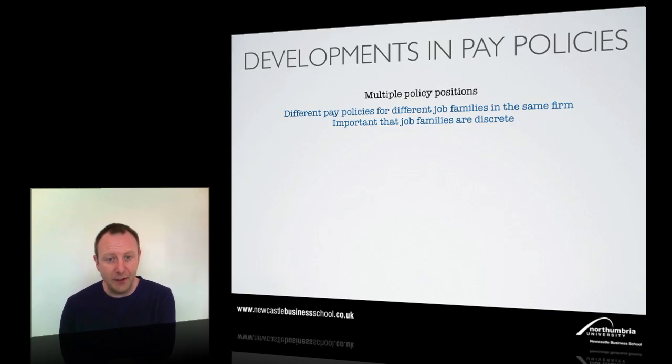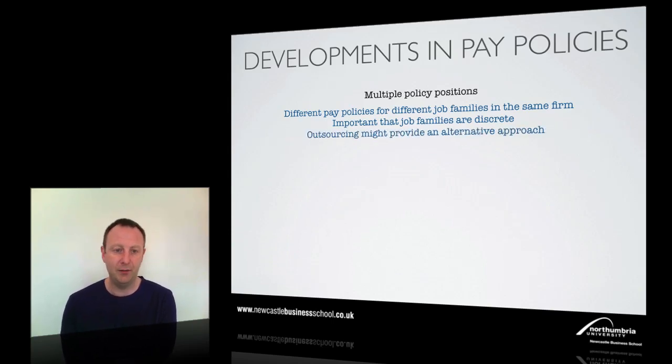So that discreteness between different job families would be something that you would hope to see to limit the natural comparison of employees with others, where those pay policies might provide a source of demotivation or dissatisfaction.